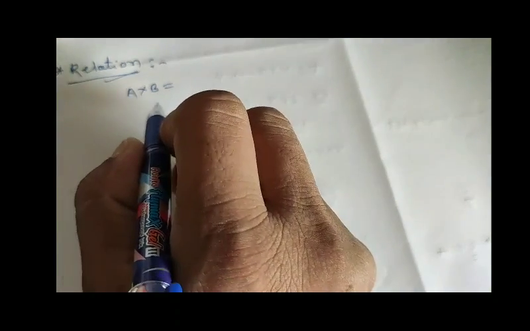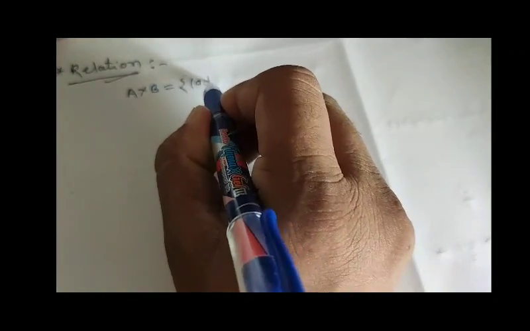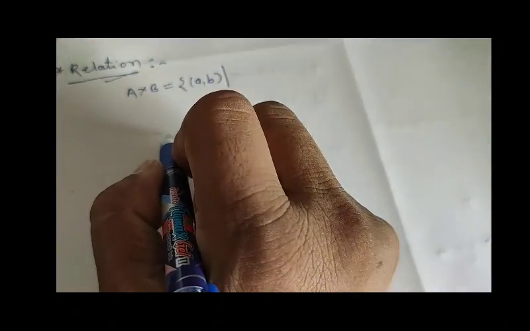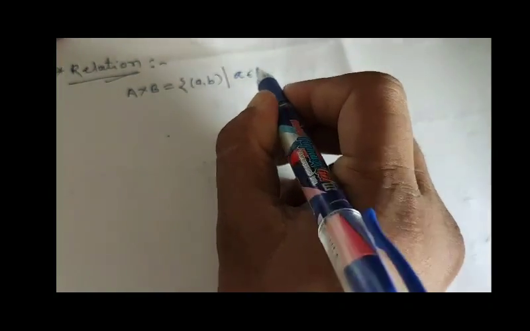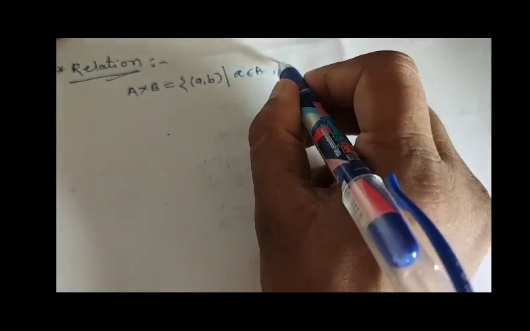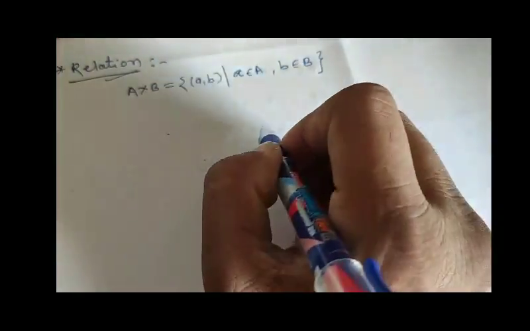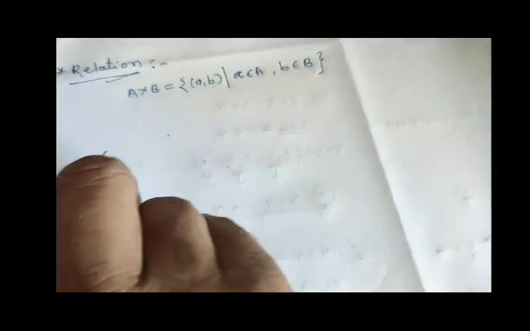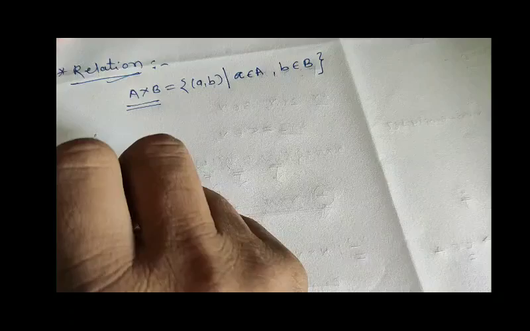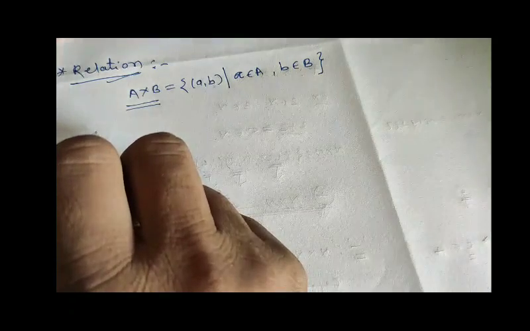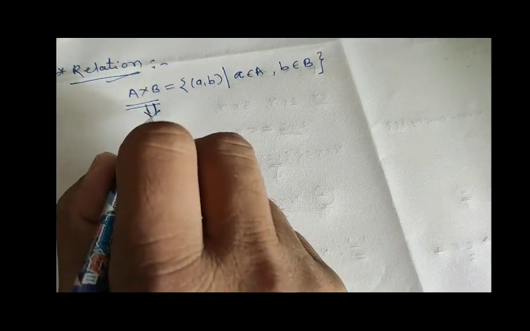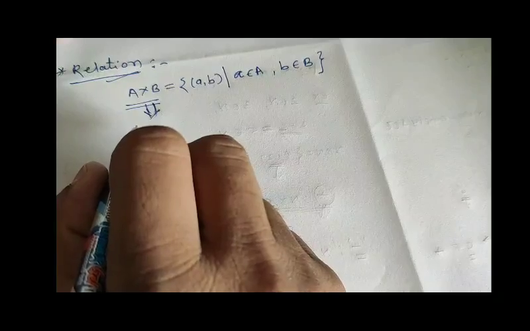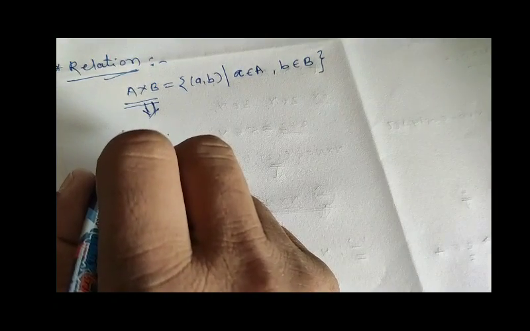We know A cross B. What is A cross B? A cross B is the set of ordered pairs, in which the first element a belongs to capital A and the second element b belongs to capital B. And we also know the order of AB, the cardinality of AB. Cartesian product is the alternative name for cross product; it is the same term.